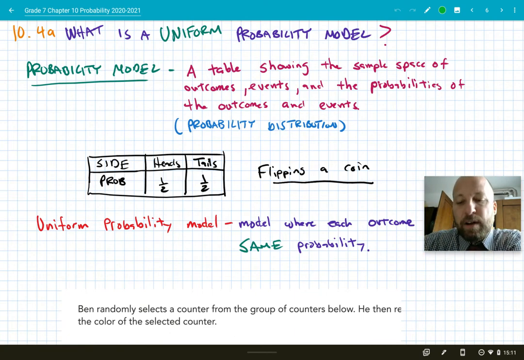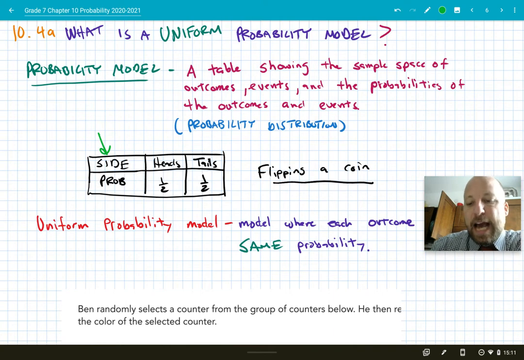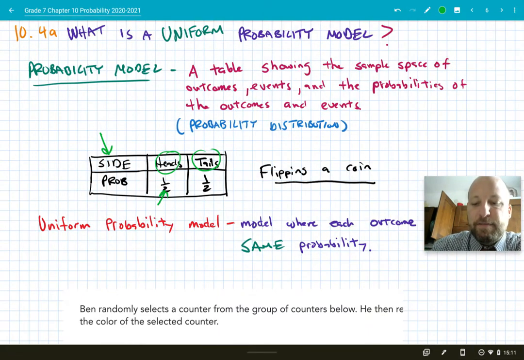Let's give a real simple example of this. If we have a probability model of flipping a coin, the outcomes are heads or tails. The probability of flipping a heads is 1/2, and the probability of flipping a tails is also 1/2.